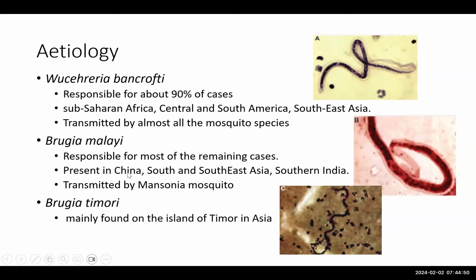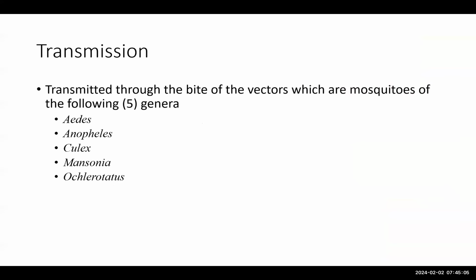Brugia malayi is responsible mainly in China, Southeast Asia, Southern India, and is transmitted mainly by Mansonia, while Brugia timori causes just a small proportion of infections in Timor Island. So these are the 5 mosquito species that are the vectors for this disease: Aedes, Anopheles, Culex, Mansonia, Ochlerotatus. Brugia malayi can be transmitted by, I think, at least the first 4.